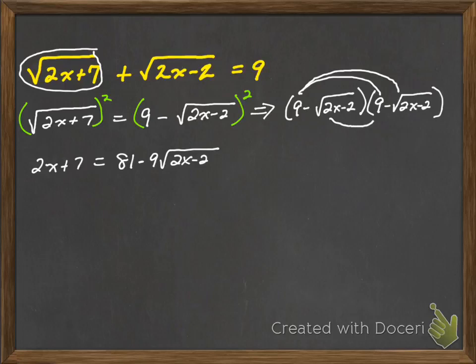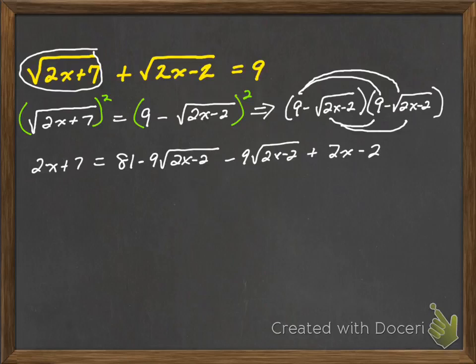Then you have the negative square root times 9, so that's minus 9 square root once again. Then you have negative square root times negative square root, which is positive. And when you multiply a square root times itself, you are squaring it. So squaring the square root essentially just cancels out that square root. Okay? So that leaves us with 2x minus 2.